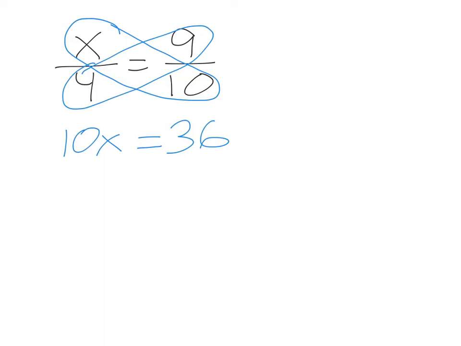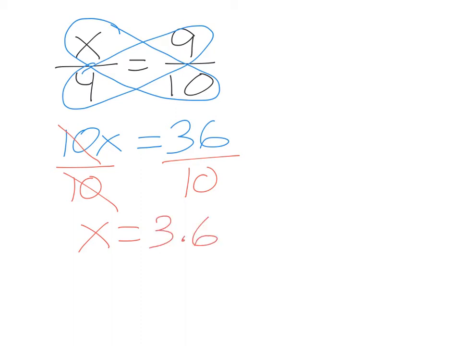Well, to solve this, I'm going to divide both sides by the number next to x. So I'll divide both sides by 10. So those 10s cancel out. I get the x. And 36 divided by 10 is 3.6. So now I know that 3.6 over 4 equals 9/10.